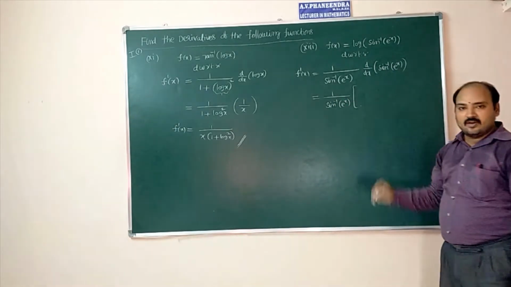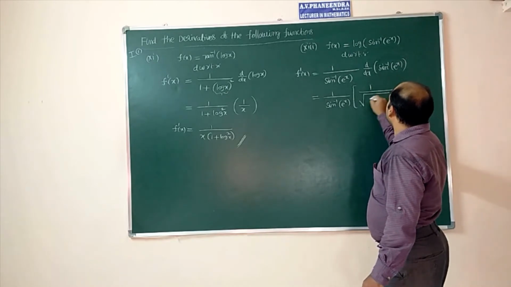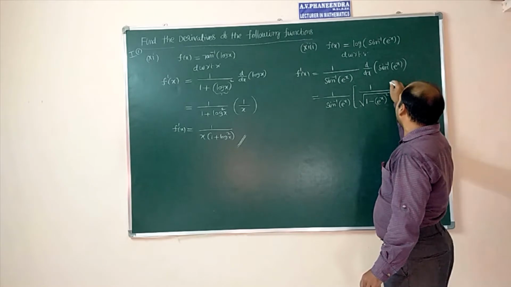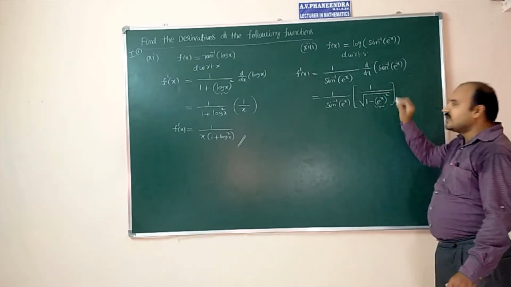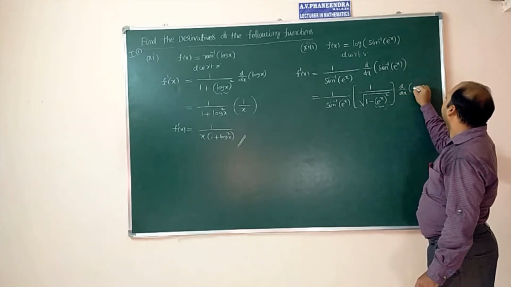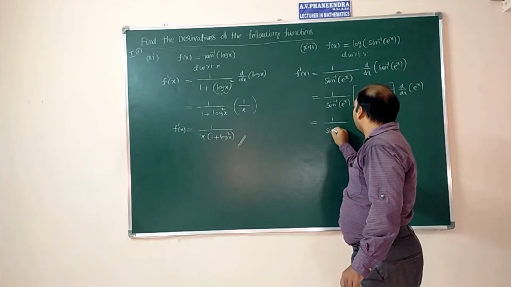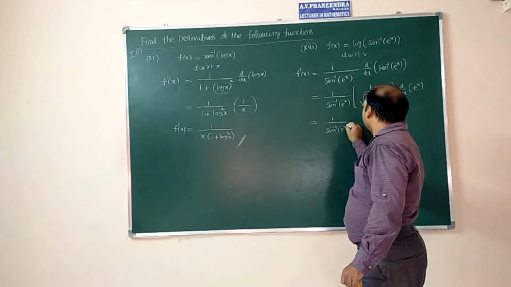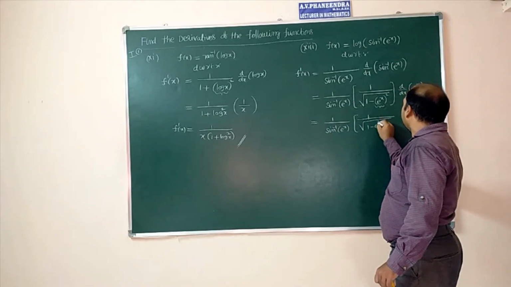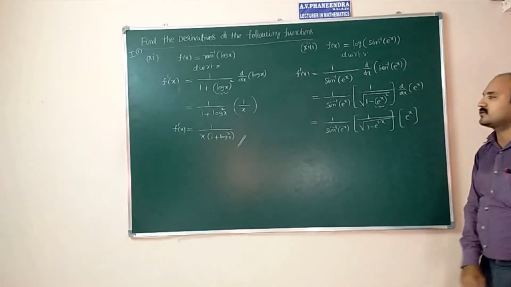d/dx of sine inverse x is 1 by root of 1 minus x squared. So 1 by square root of 1 minus x value is what here? e power x whole square. Again, whatever the function is involving, you have to differentiate: d/dx of e power x, which is equal to 1 by sine inverse of e power x into 1 by square root of 1 minus e power 2x into d/dx of e power x, which is e power x.